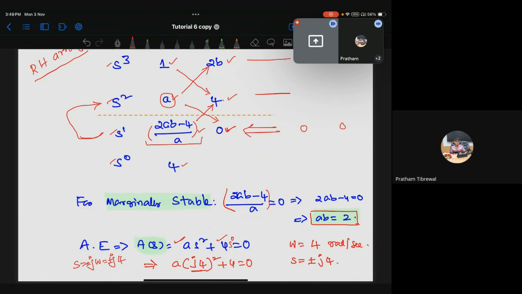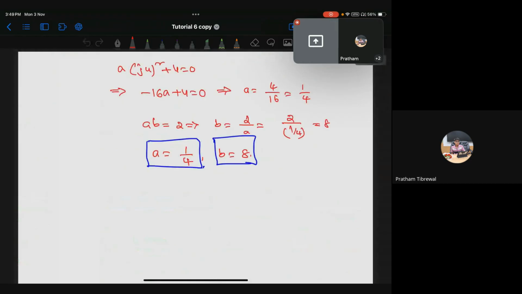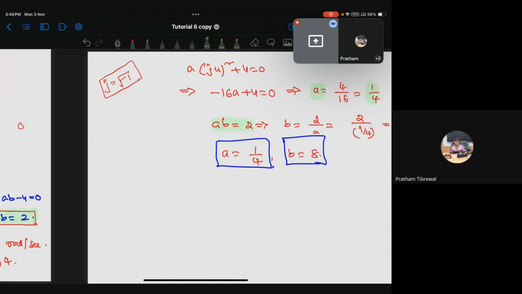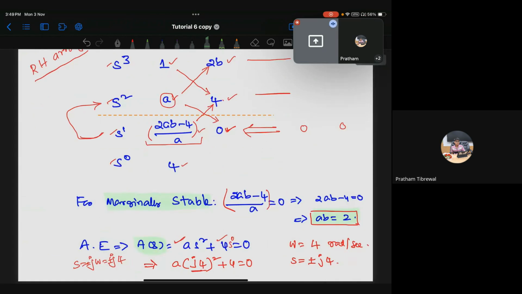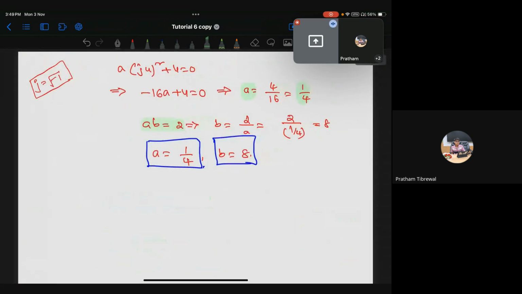Substitute in that. You already know that j is equal to root of minus 1. Substitute that also. So you are getting A as 1 by 4, and you have this expression already here. So you'll get B as 8, A as 1 by 4.